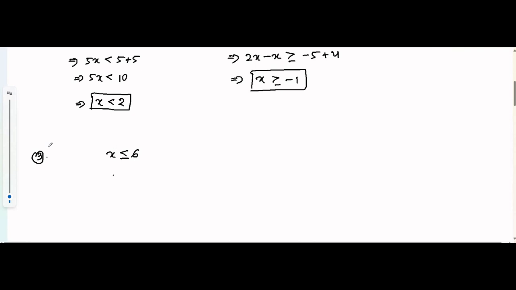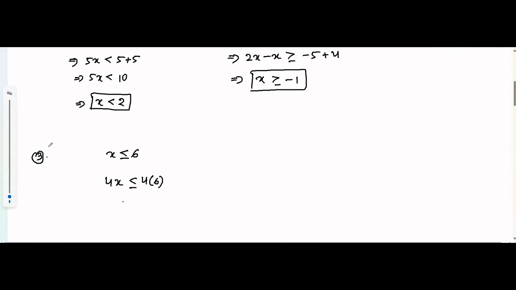Here, if we multiply both sides by the same positive number, let's say we multiply 4 on both sides, we get 4x and 4 into 6. In that case, the sign of inequality stays the same. Here it is less than or equal to, and here also it will be less than or equal to.